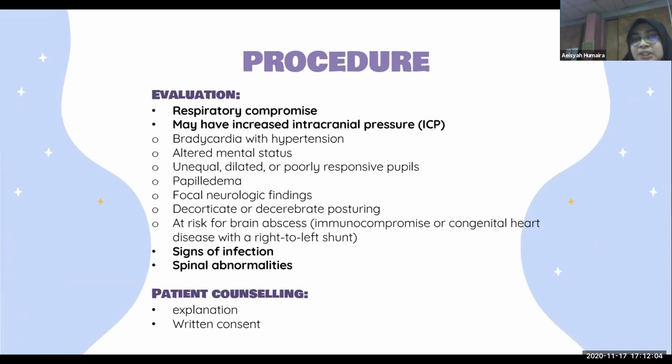This is the list of physical findings that may suggest increased intracranial pressure, in which case the patient should have neuroimaging first. Then, for signs of infection and spinal abnormalities, a patient with spinal abnormalities needs another alternative to lumbar puncture.